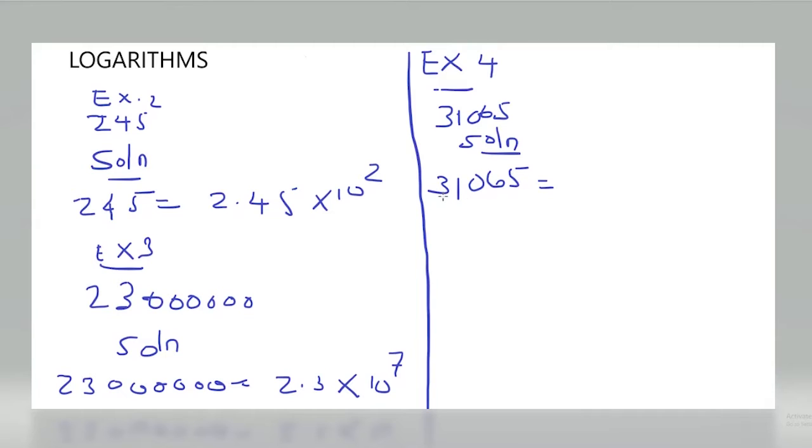For this case, the first player is 3 and the second player is 1. So put the dot sign between 3 and 1: 3.1065. Then times 10 power. The number of items after the dot sign here: 1, 2, 3, 4. So there are 4. Therefore, that is the form of standard notation, A times 10 power n. So this one is the standard notation required.